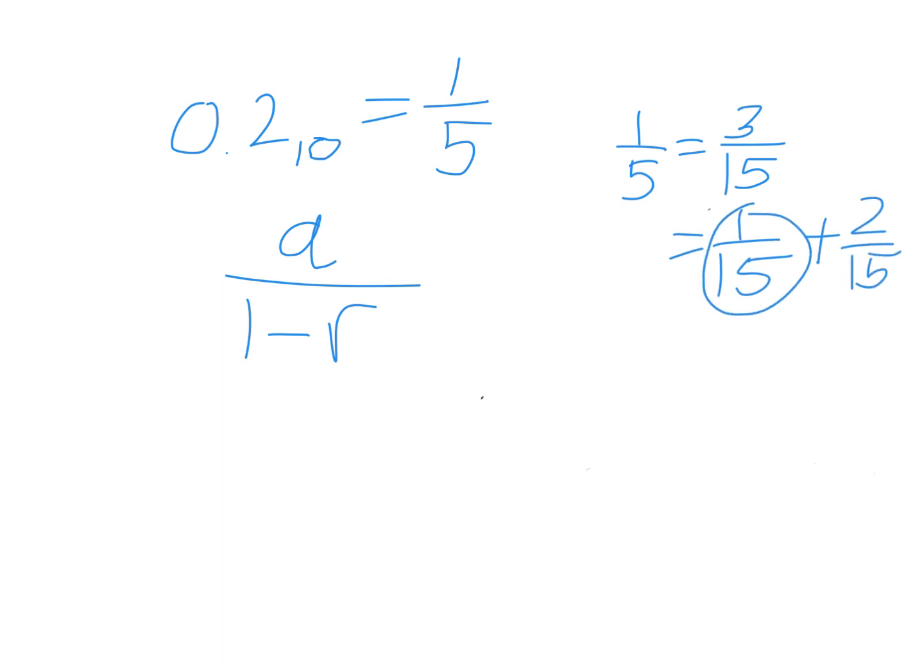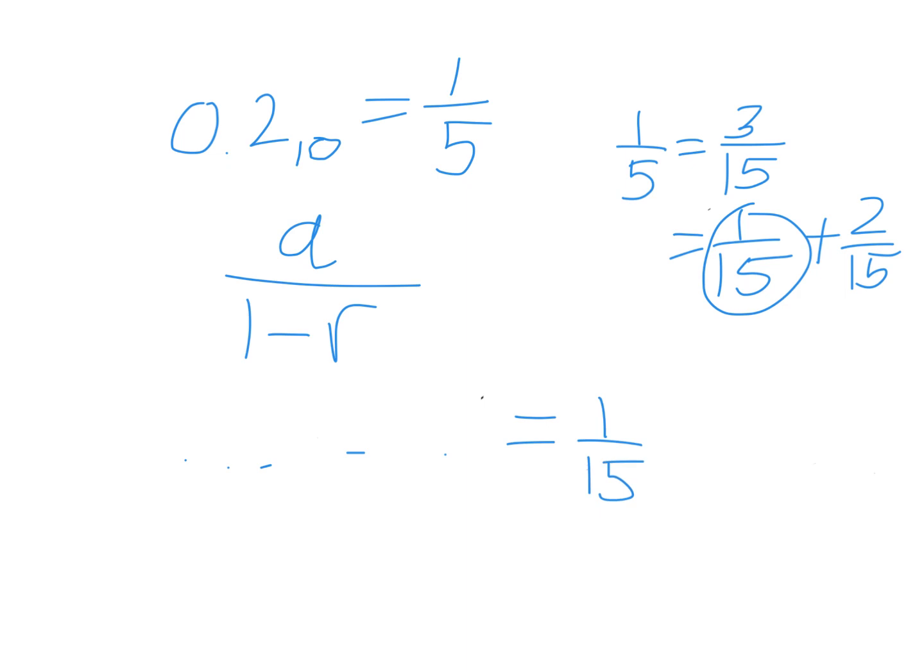Okay, let's now look at writing 1 over 15 as a recurring decimal in binary, and we're going to use that to get our final answer for 1 over 5. For 1 over 15, I'm aiming to write it as a geometric series whose terms add up to 1 over 15.